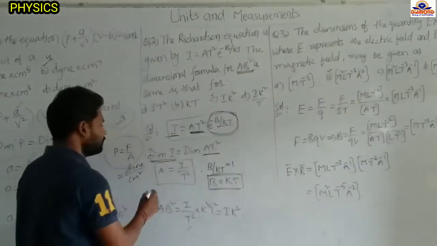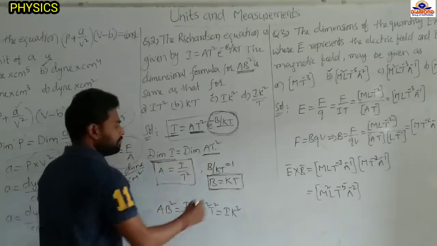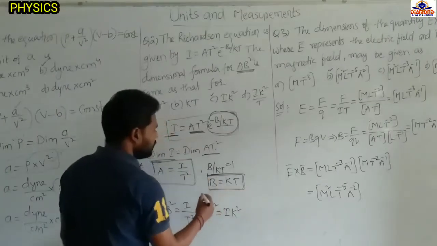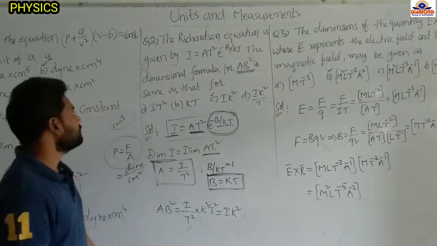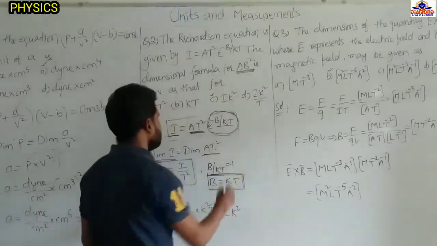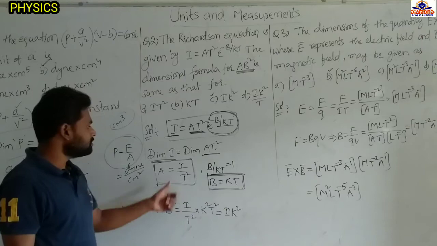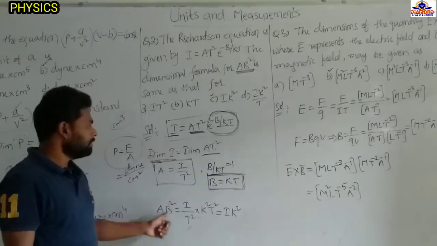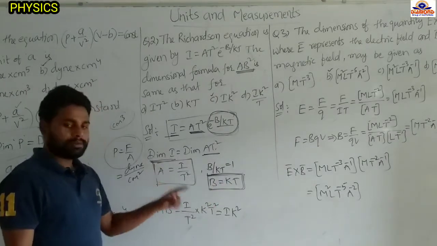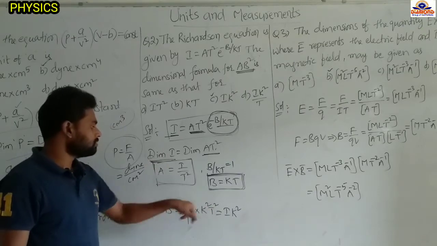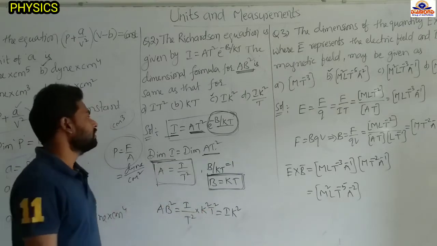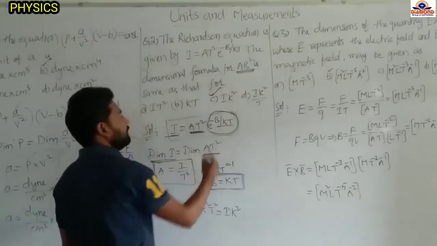So here I got A equals I/T², and from here I got B equals k into T. They are asking the dimensional formula for AB². Now AB² equals I/T² into B²; B's value is kT, so B² means k²T², T² will be cancelled, and we will get I into k². So option C is the right answer.